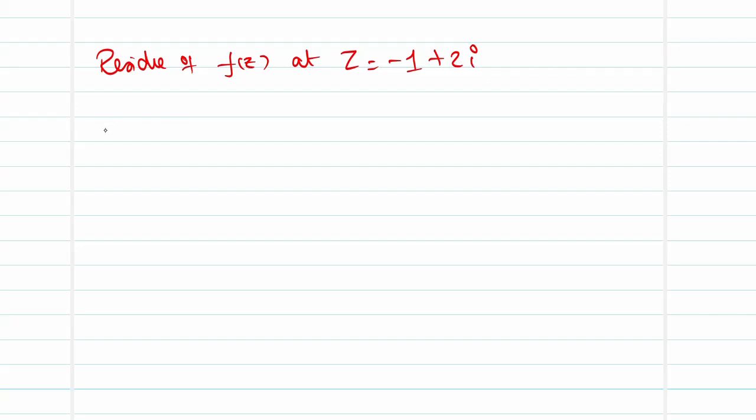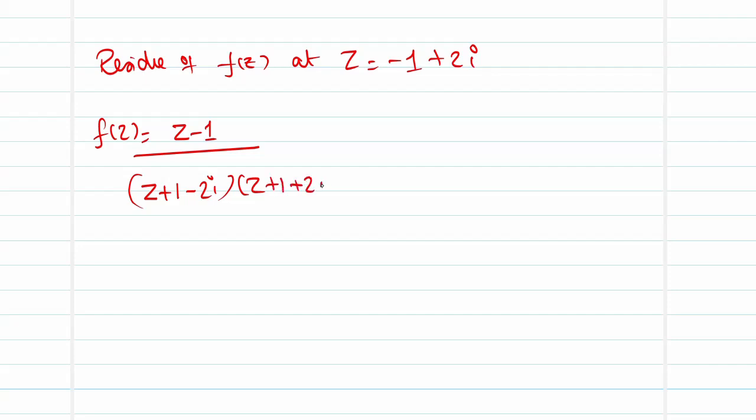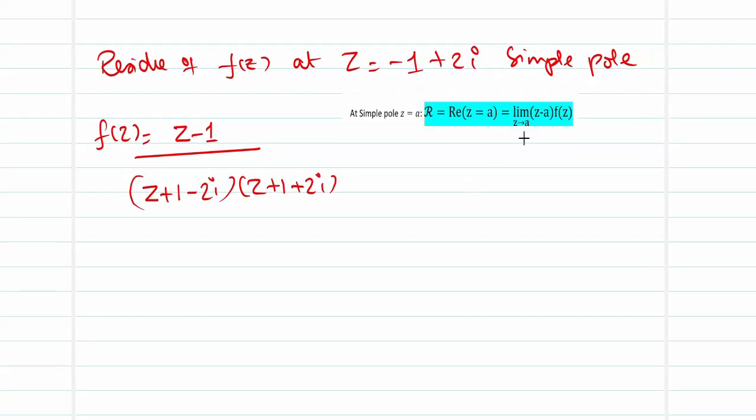So what is going to be my function f of z? My function f of z is z minus 1 divided by z plus 1 minus 2i times z plus 1 plus 2i. Now to recollect the formula for the residue of a simple pole, we have the formula as limit z tending to a of z minus a into f of z.